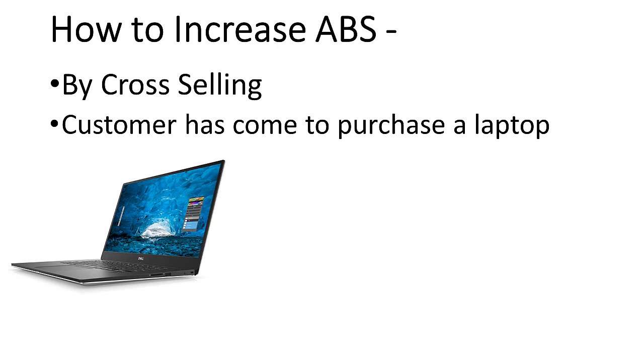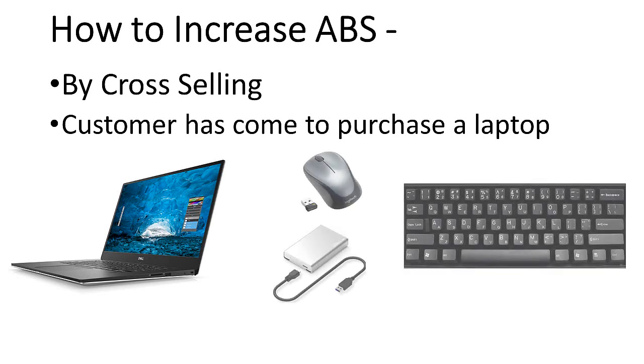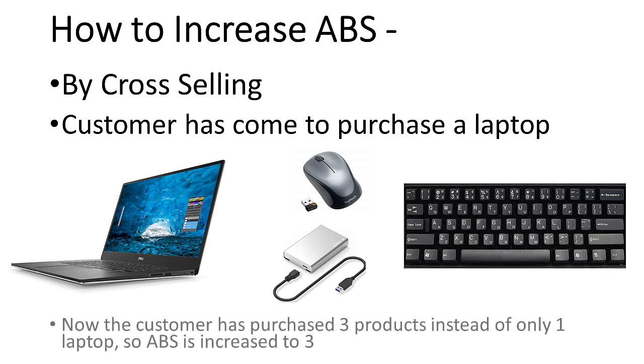You can increase this average basket size by cross-selling him. That is, you can cross-sell him a hard disk or a keyboard or a mouse. So consider he will take a hard disk and a mouse. Here he had come to purchase only one laptop. Now we have cross-sold him a hard disk and a mouse. So now he has billed 3 products, and the IPCM is increased to 3. In this way, by cross-selling, we can increase the average basket size of a bill.